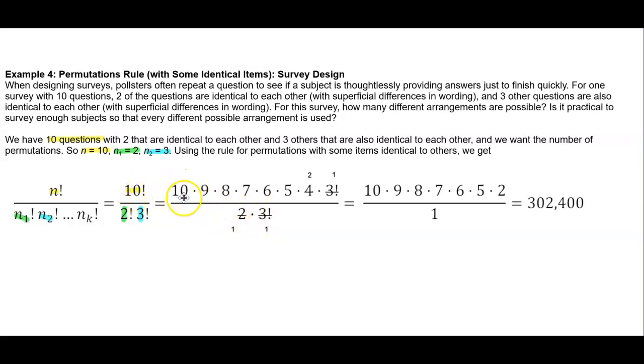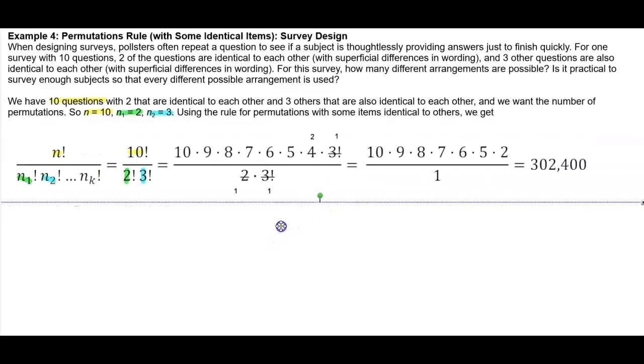We're going to expand 10 factorial to be 10 times 9 times 8 times 7 times 6 times 5 times 4, and then times 3 factorial because we can simplify those two. Simplifying the 3 factorial, we have a 1 here and then a 1 here.